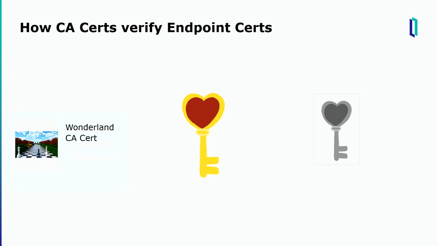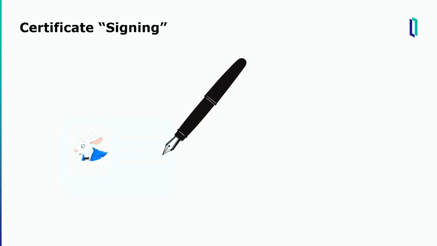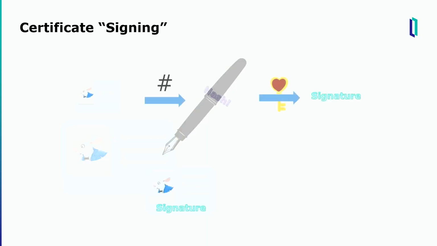endpoint certificate. So, remember how CAs have their own certificates. They also have their own private keys and their own public keys. And those public keys are embedded inside the CA certificate. When an endpoint certificate is requested and the certificate authority makes it, before they send it back to the requester, they'll sign it.